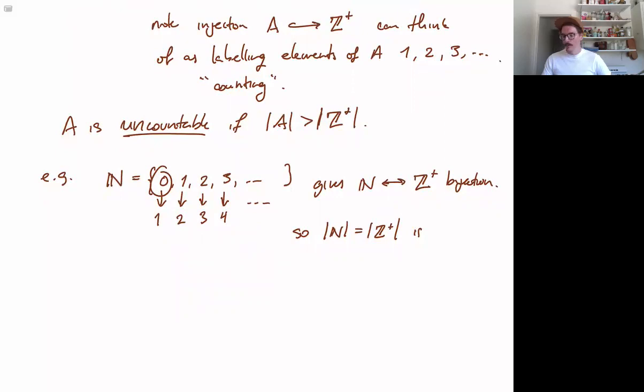So if you want to be precise and specify that it's infinite, you can say countably infinite. Or you can say just countable, because this is first of all true, but second of all, you sometimes abuse language to imply that it's infinite when you say countable.